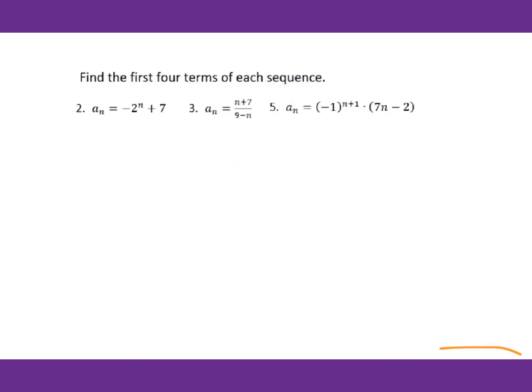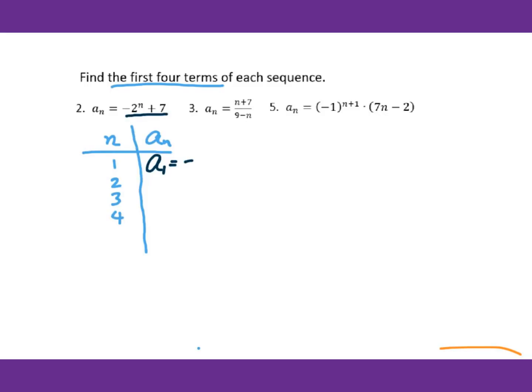For example, find the first 4 terms of each sequence. For number 2, we will draw a table. We have n, we have a sub n. Since we're looking for the first 4 terms, that's n equals 1, 2, 3, 4. Then a sub 1 equals, plug n equals 1 into this general rule.